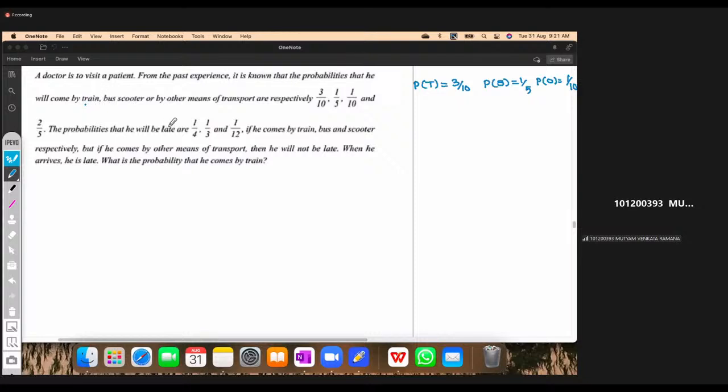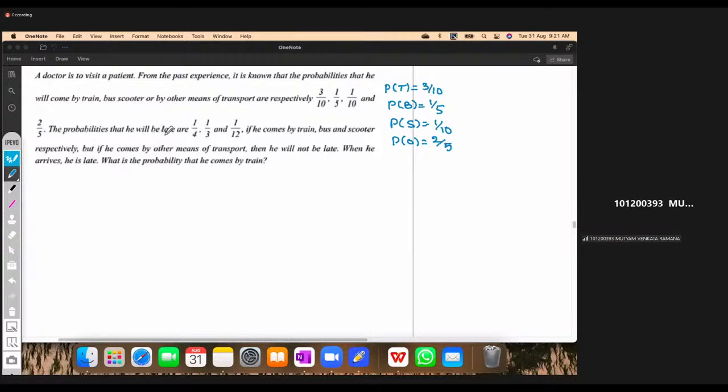Oh, wait a minute, here 4 things are there. So the probability of train is 3 out of 10, the probability of bus 1 out of 5, the probability of scooter 1 out of 10, and the probability of other means of transport is 2 out of 5.